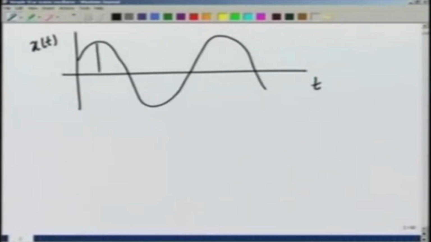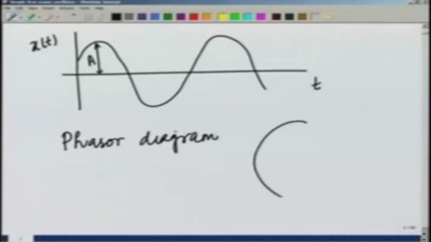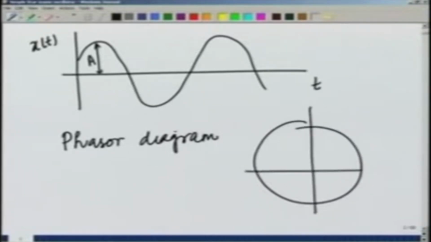This maximum value is nothing but the amplitude, and we also saw how to represent this geometrically using a phasor diagram, where we represented the motion as the x component of a vector rotating counterclockwise. Finally, we also saw how the energy of the system is 1/2 k A squared, which is really the sum of the kinetic and the potential energy of the system.